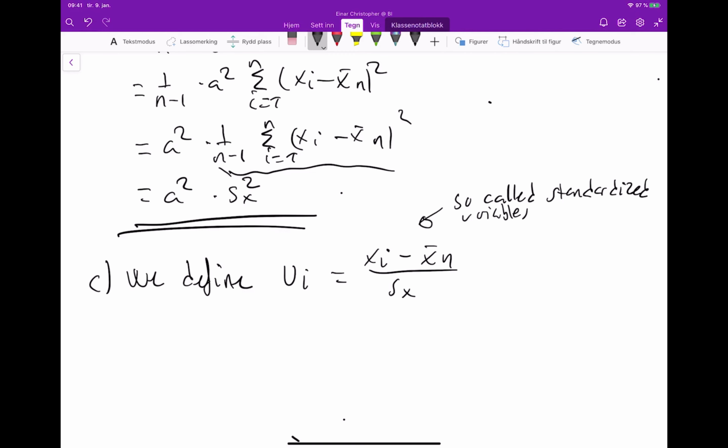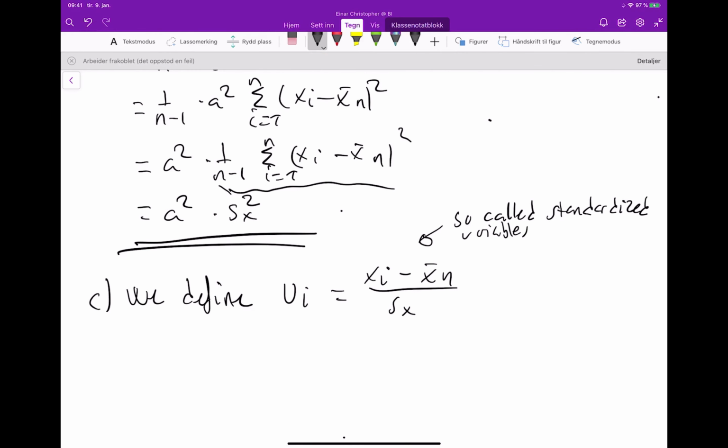Standardized variables we get when we subtract the mean and divide on the standard deviation. And that is what we are doing here when we are creating these ui's, which are the standardized variables.